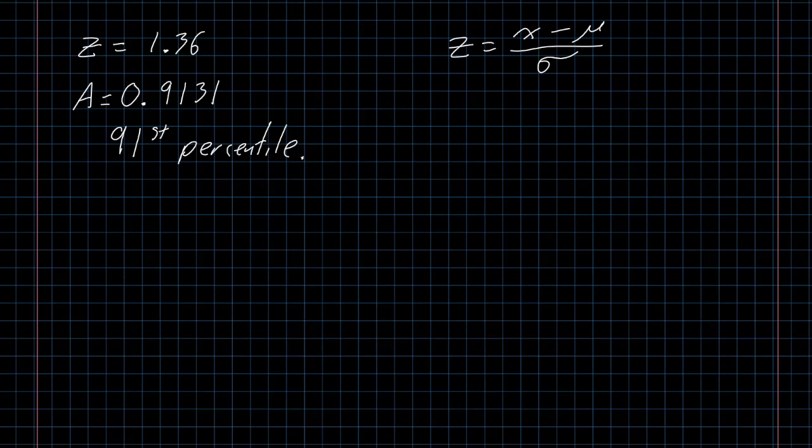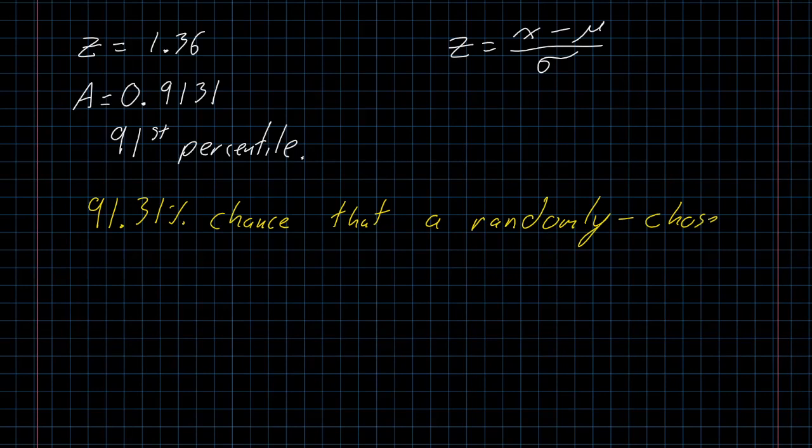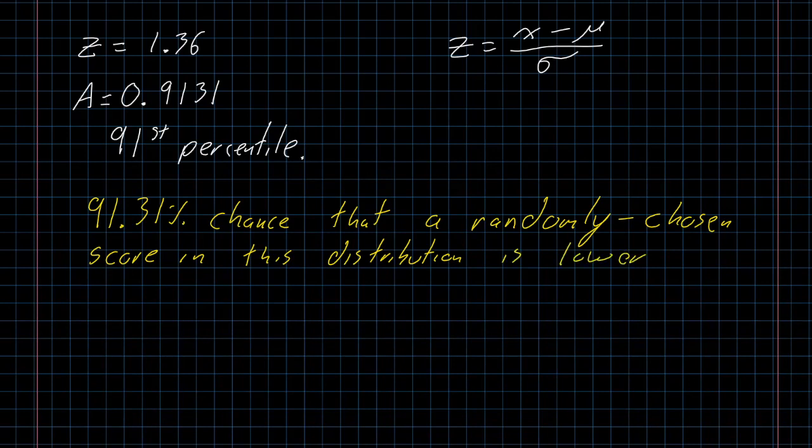Another way of saying exactly the same thing, there is a 91.31% chance that a randomly chosen score in this distribution is lower than "yours."